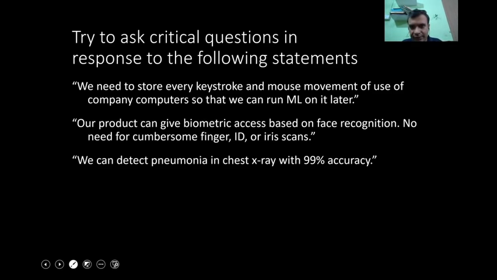So it doesn't mean anything. You have to ask them what is the false positive rate and what is the false negative rate, and can we do a trade-off between these two for something that is workable? No ML is going to be 100% accurate, obviously, and both sides of the mistakes have to be taken into account.